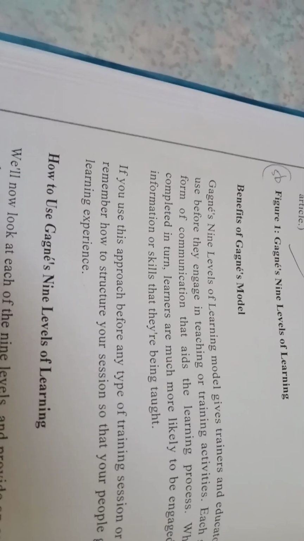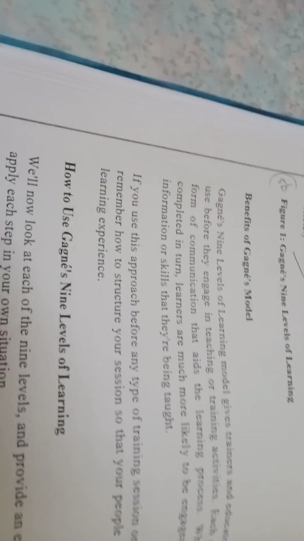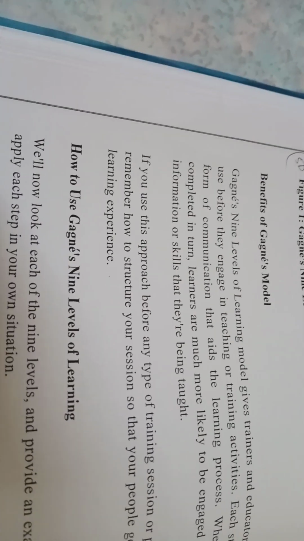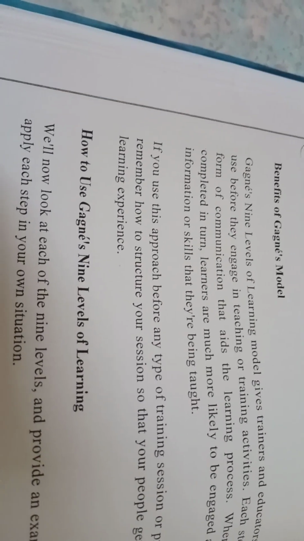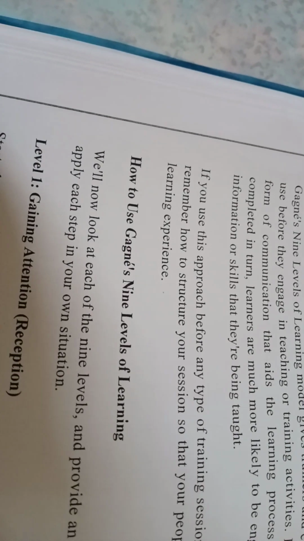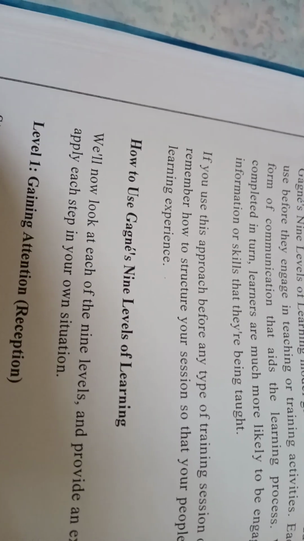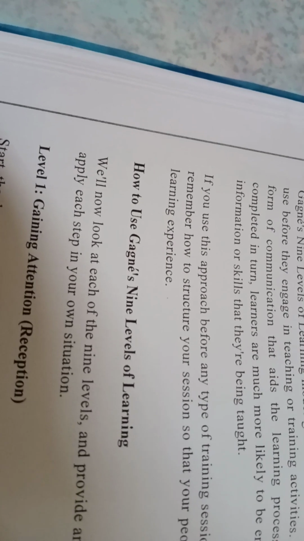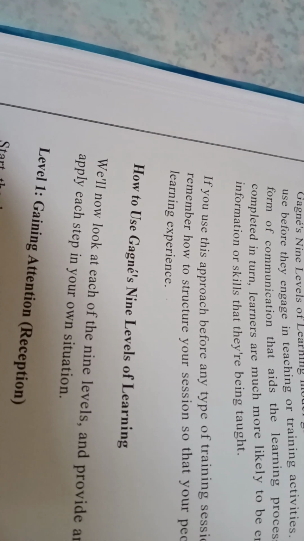Benefits of Gagné's model. Gagné's 9 levels of learning model gives trainers and educators a checklist to use before they engage in teaching or training activities. Each step highlights a form of communication that aids the learning process.